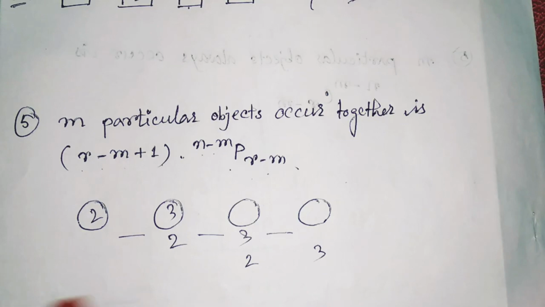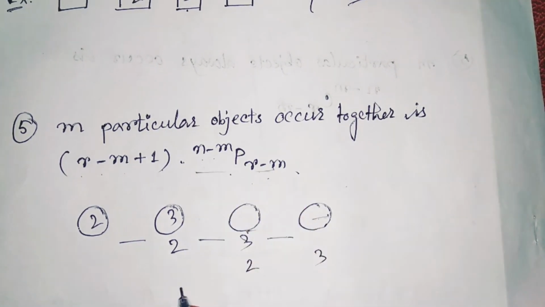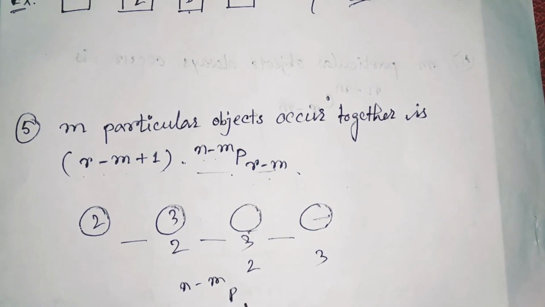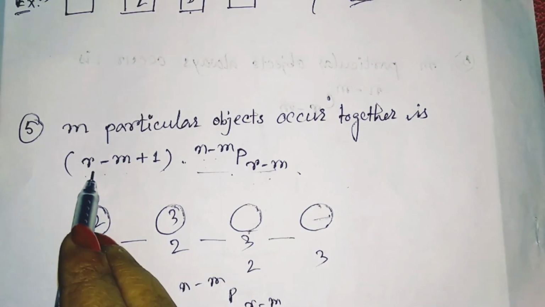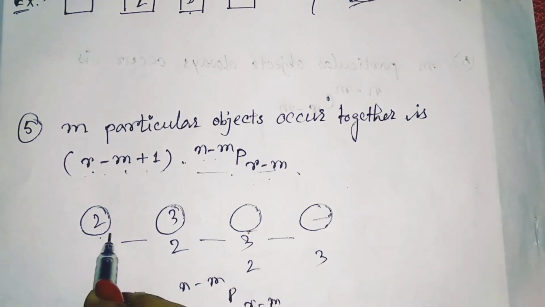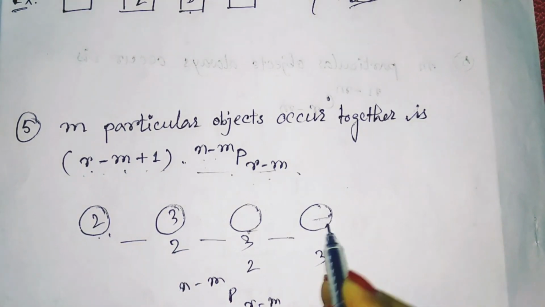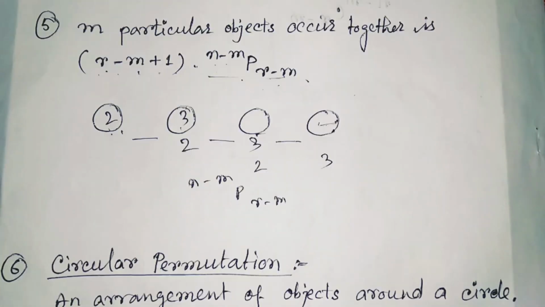So these are the 3 different positions. So the remaining 2 can be combined as (N minus M)P(R minus M), and here this one is R minus M plus 1. That means out of 4 positions, we have 3 different choices to place the fixed elements. So this is the formula.